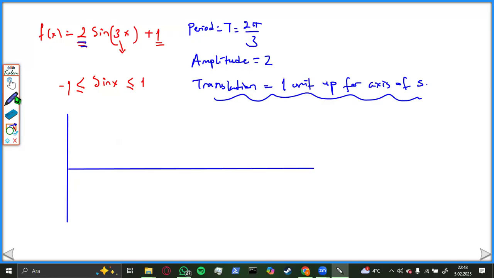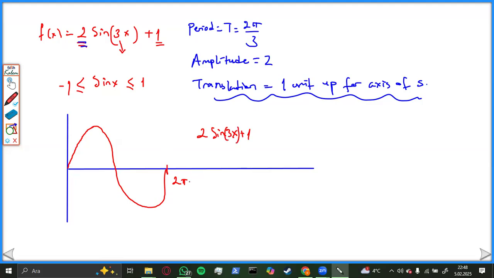Let's start from 0 once again, and draw your one period. But that time, if it were 2 times sine x plus 1, the period would be 2 pi. But right now it is not only x, it is 3x.